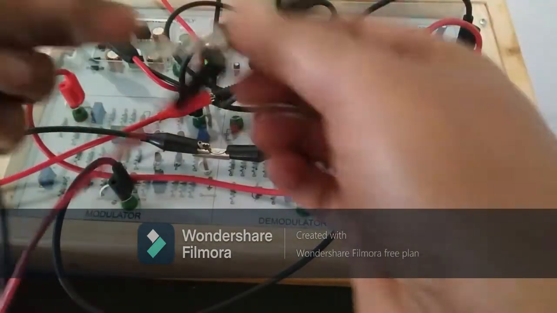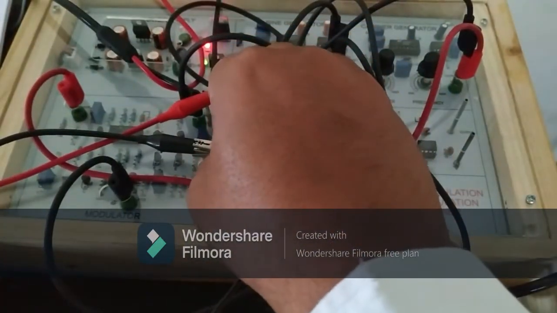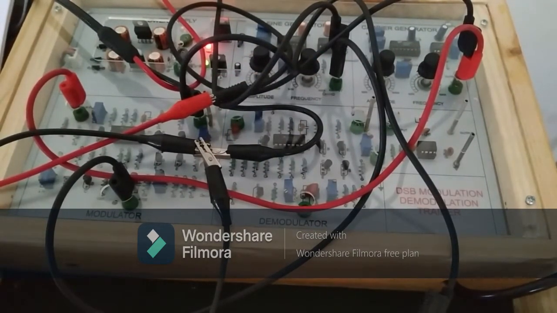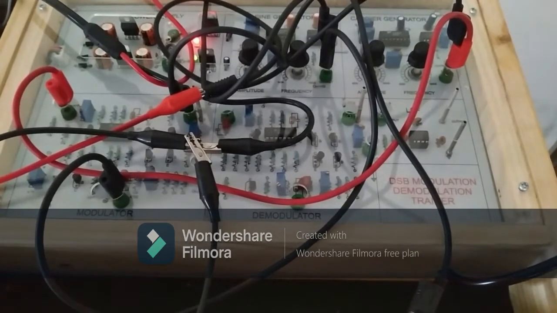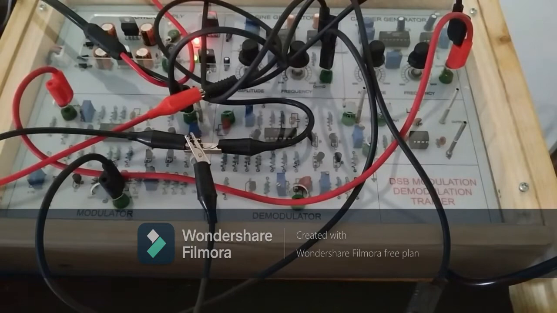One CRO probe is connected to this. Now this completes the connection for double sideband suppressed carrier modulation.